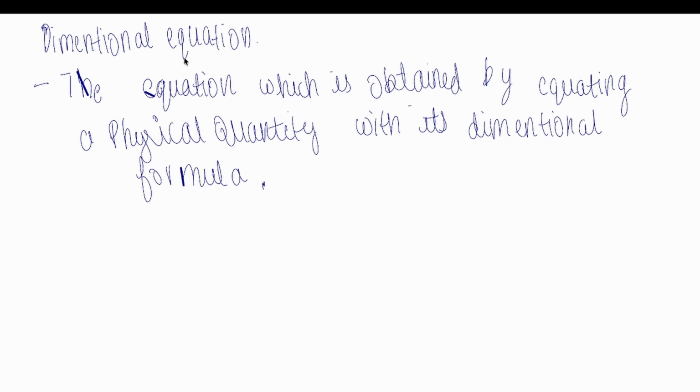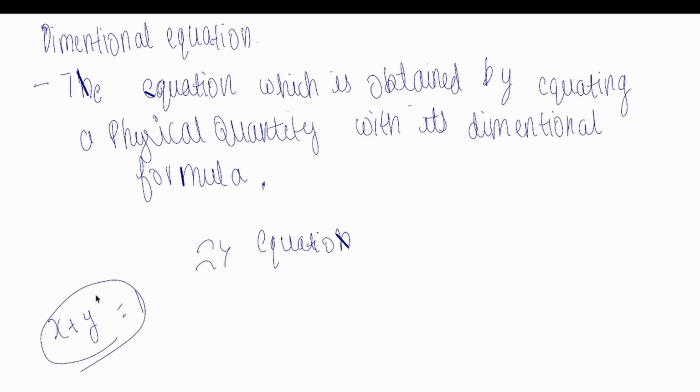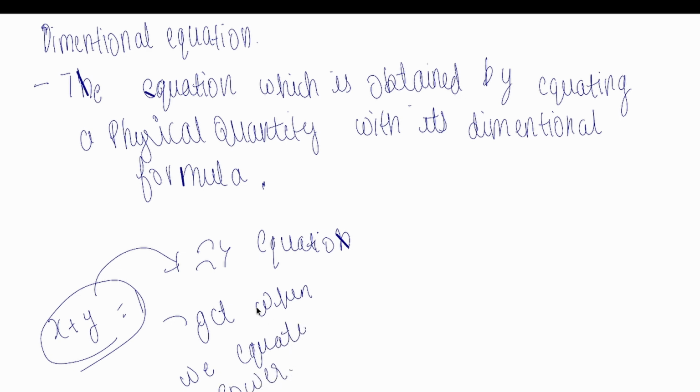What does this exactly mean? Let's deep dive into that. A dimensional equation is nothing but an equation. We know equations, for example, x plus y is equal to 1. So we can assume it as any equation, obtained when we equate powers or indices to the physical quantity.